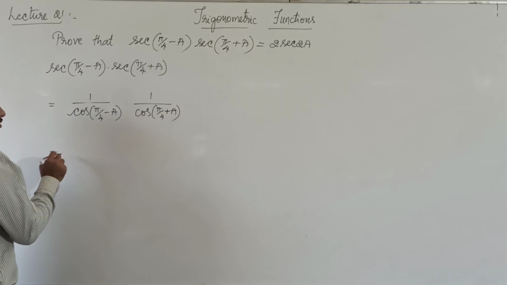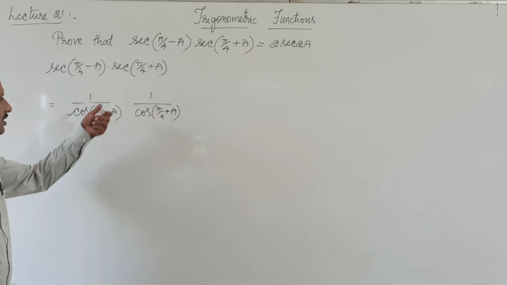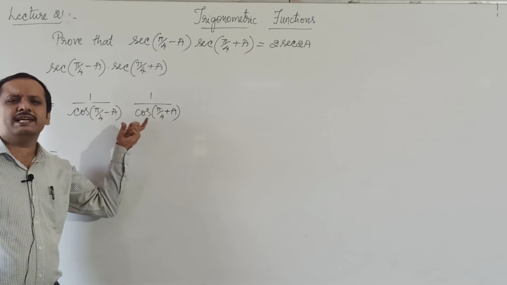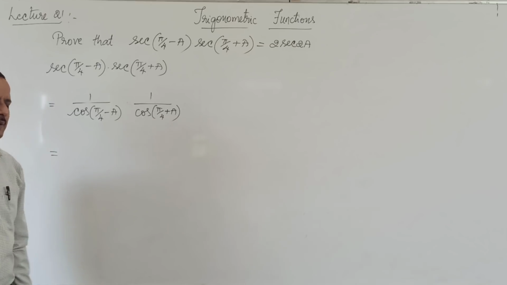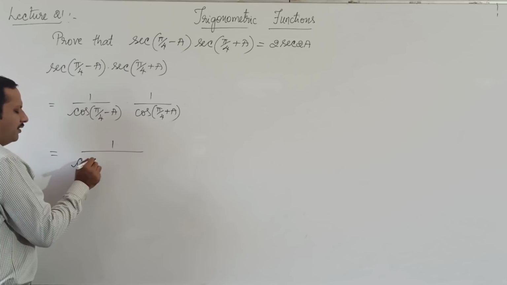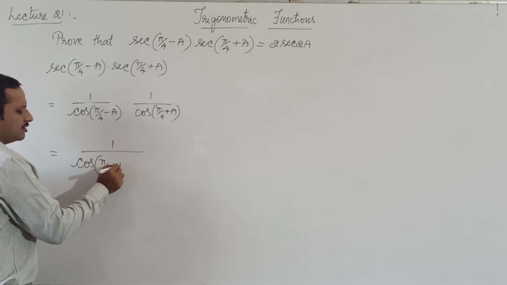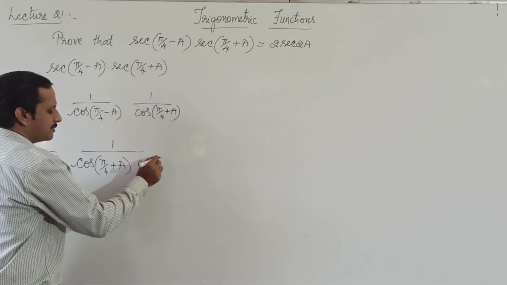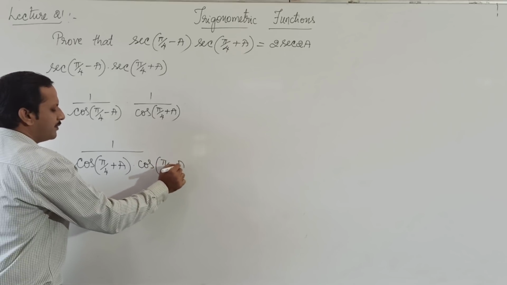Now 1 into 1 is 1 only. So you can write 1 by cos (pi by 4 minus a) into cos (pi by 4 plus a). Look at this denominator: cos (pi by 4 plus a) into cos (pi by 4 minus a), right?